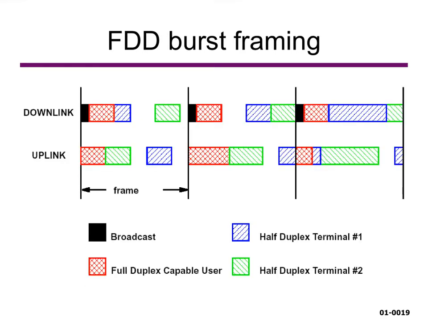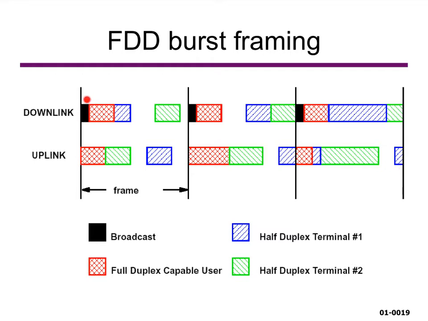So for the case of FDD, you have two concurrent subframes in the time domain, right? And each of these subframes will use a different frequency. So in that case, we have the downlink, and here again we have the map, the downlink map and uplink map, and we have another one for the uplink.